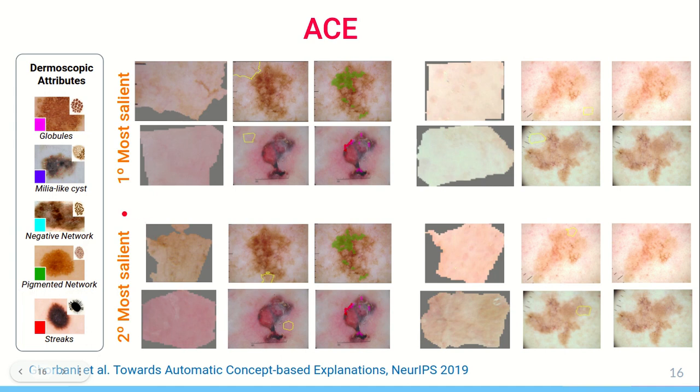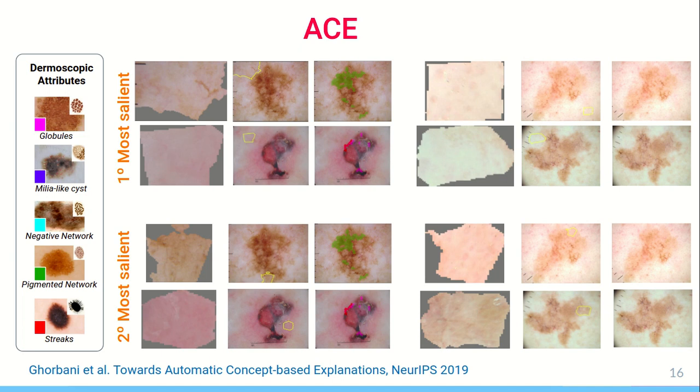Unlike ScoreCAM, where we had an area highlighted, with ACE we get the segments that are most important in the image, so we can compare them with the dermoscopic attributes.